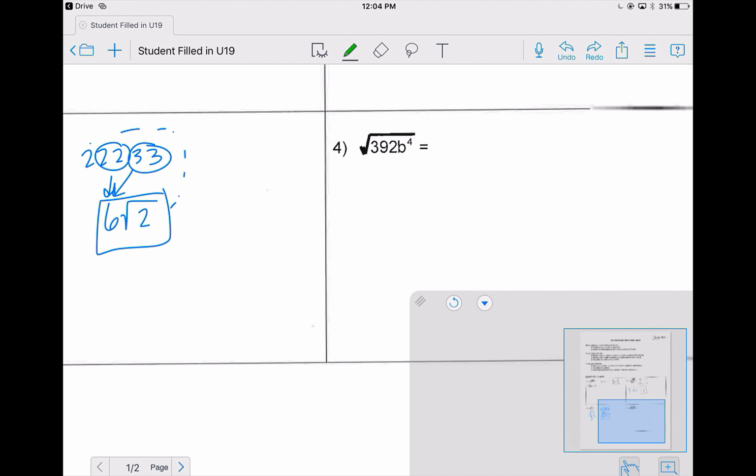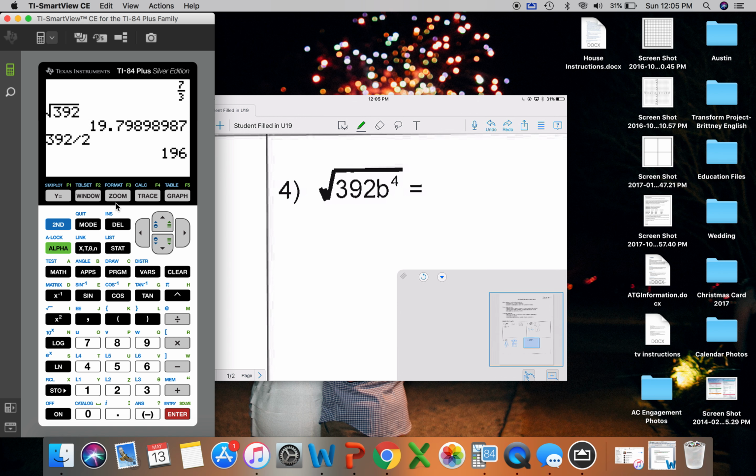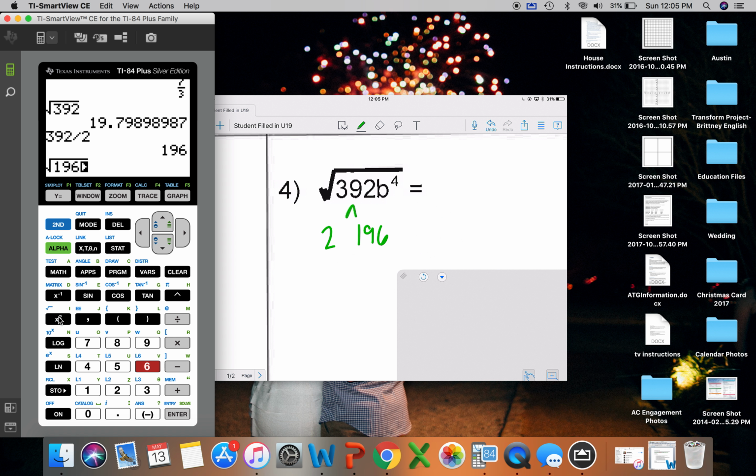Okay. When simplifying things with letters, the first thing I'm going to do is make sure that this number does not simplify nicely. So 392 does not. 392 divided by 2 is 196. Now I believe 196 is a perfect square, and it is 14 and 14.